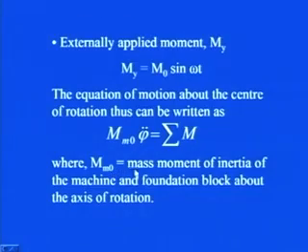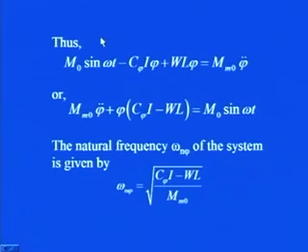So, you have to differentiate phi with respect to time to get phi double dot, where M_mo is the mass moment of inertia of the machine and foundation block about the axis of rotation. By putting all the moments in this equation, we get this expression.